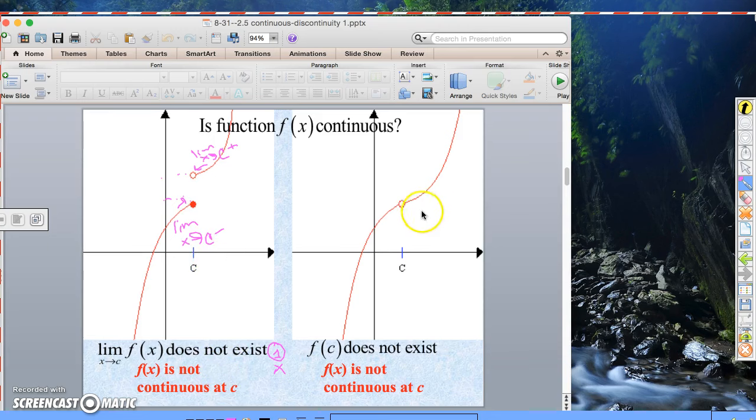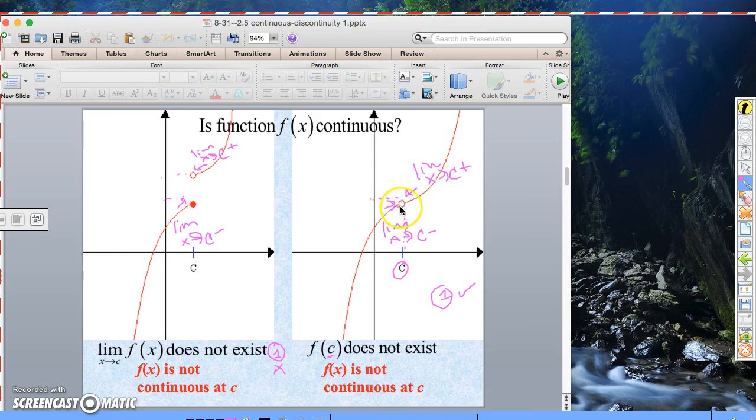Look at the next example. Here, the limit as x approaches C from the left, right here, and the limit as x approaches C from the right, right there, approach the same value. So condition 1 is good to go. But take a look here. If I plug C into my function, it's empty.